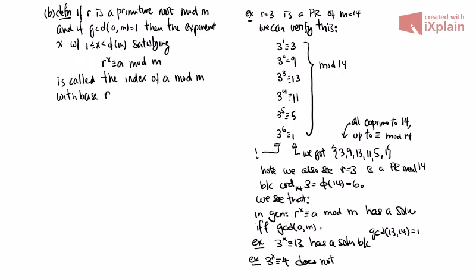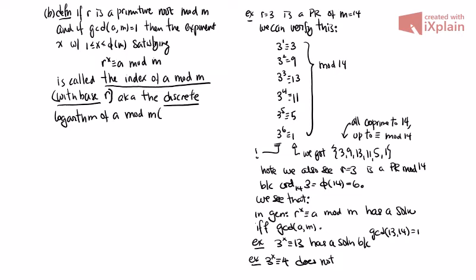Now, just for reference, the "with base r" is optional. You don't need to say it, but it's implied in this case. But really, it's this entire thing. This is AKA the discrete logarithm of a mod m with base r.